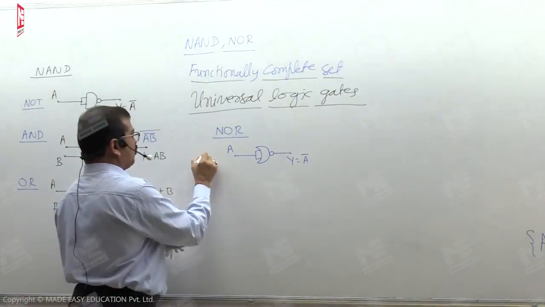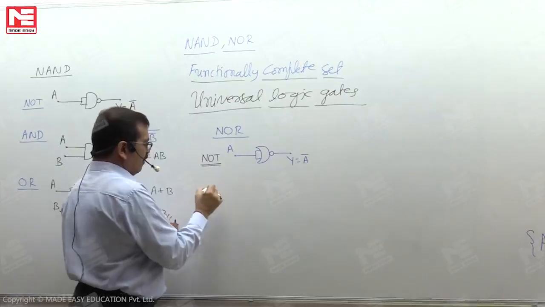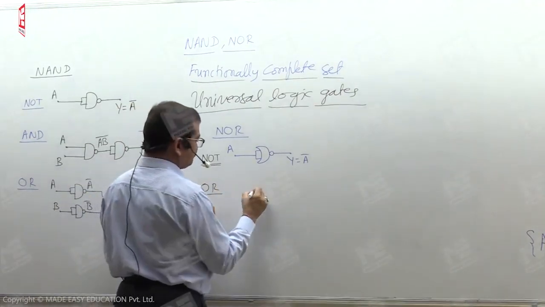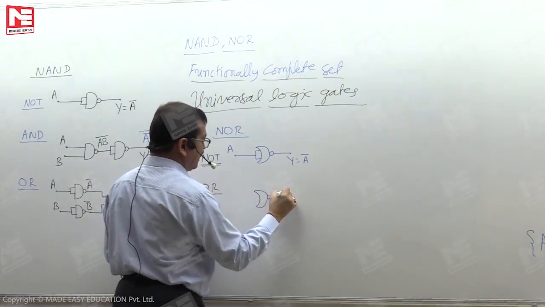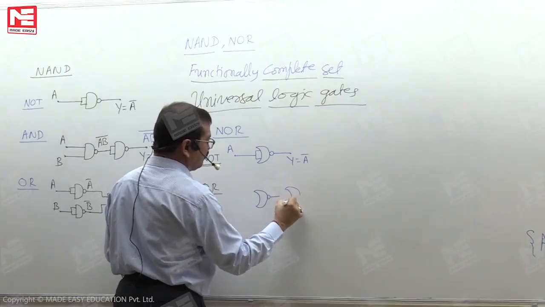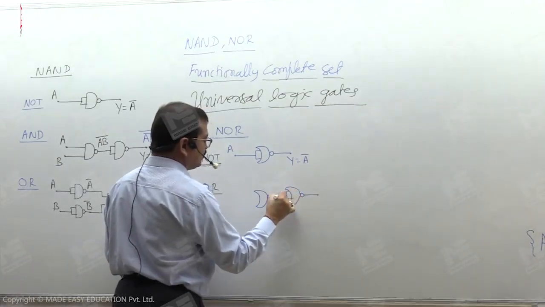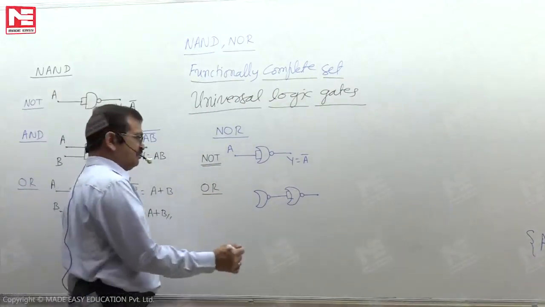The OR operation we get by using two NOR gates. The second NOR gate is effectively used as a NOT gate.